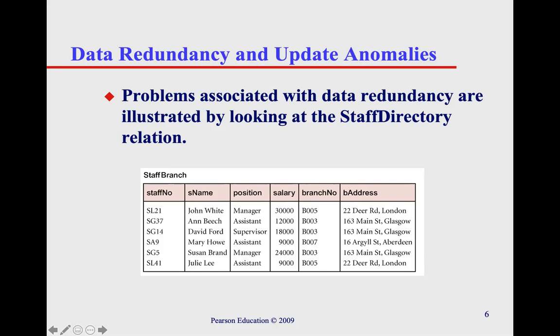The reason I'm hedging that is it might be the case that we always say every position has a fixed salary. Now you can see that's not the case here because a manager, Susan, makes 24,000 and this manager, John, makes 30,000.